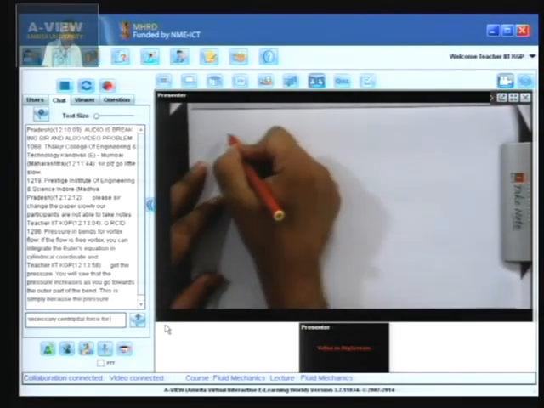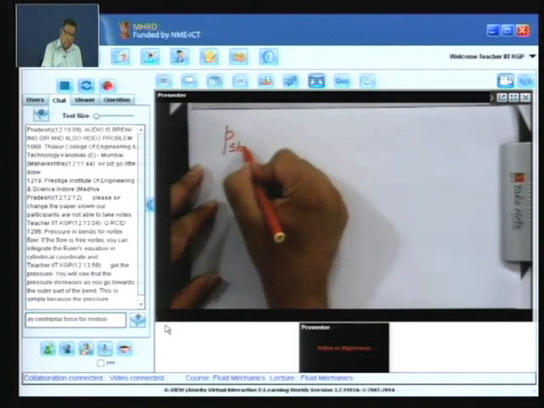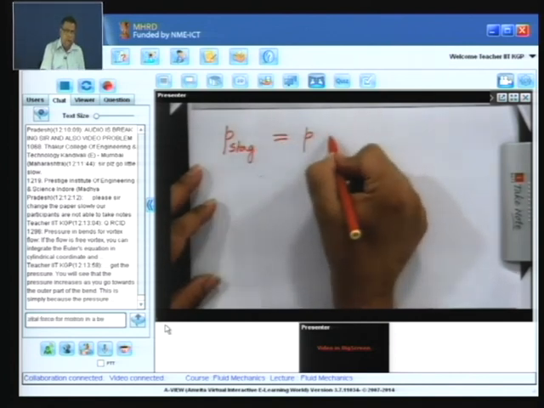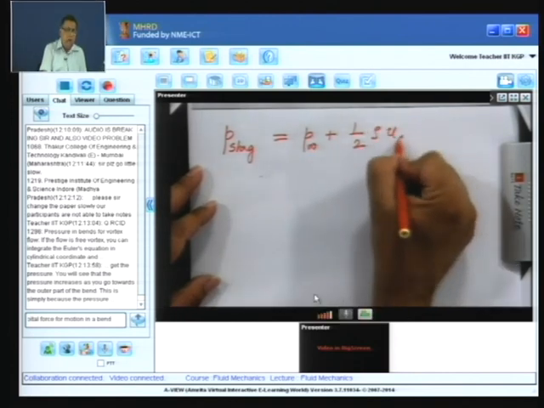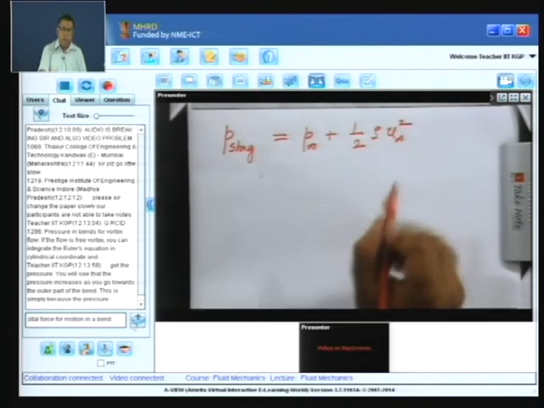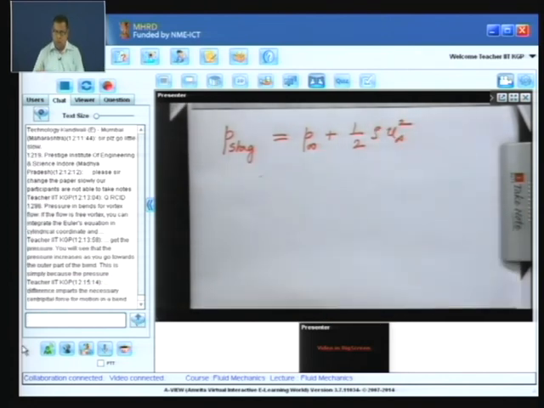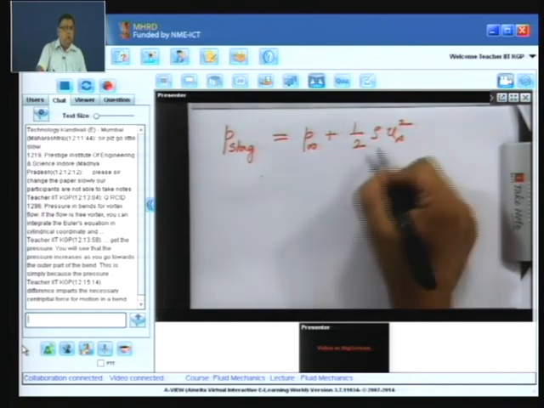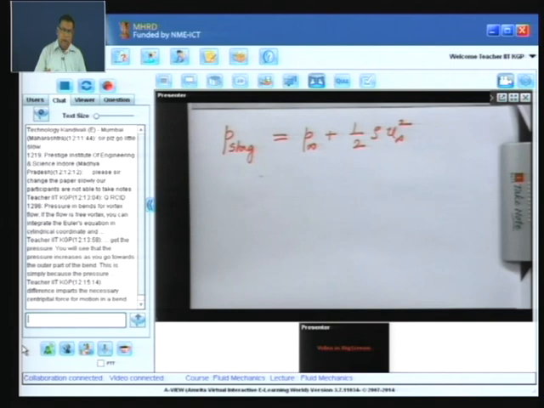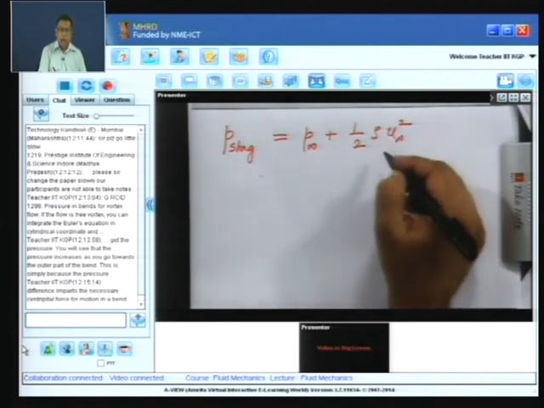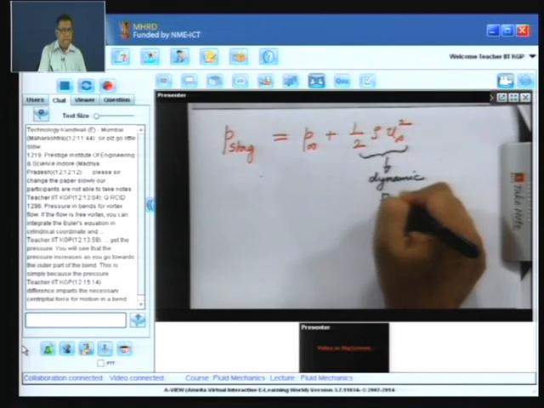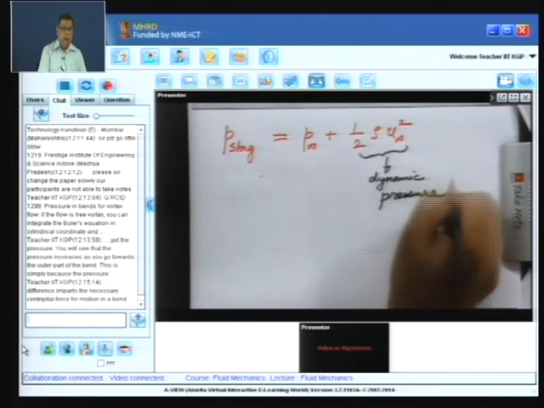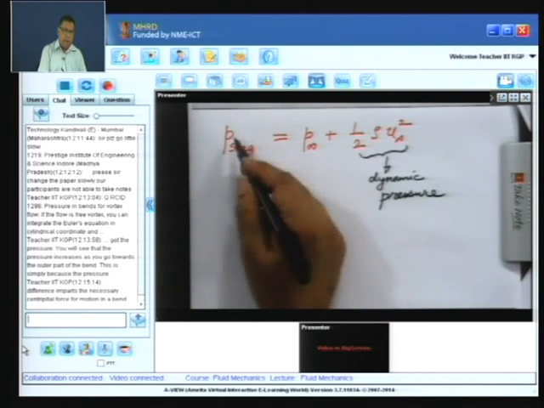So, what you are going to have here is that the stagnation pressure will be P stag equals P infinity plus half rho u infinity squared, and of course, we have taken an inviscid fluid with constant density rho. Now, half rho v squared has the units of pressure, and since it is associated with velocity, this term is sometimes referred to as dynamic pressure, and P stag is the stagnation pressure.